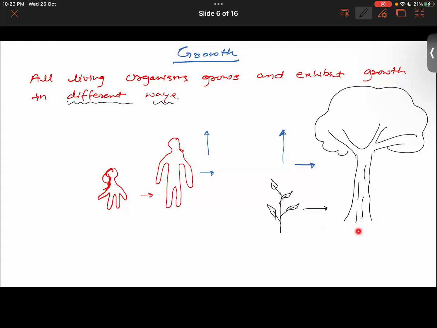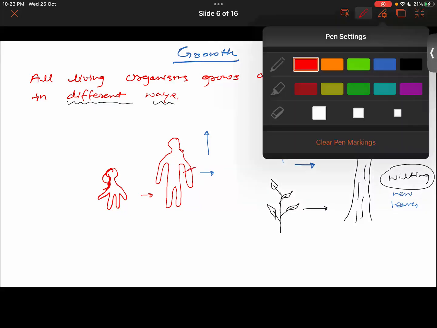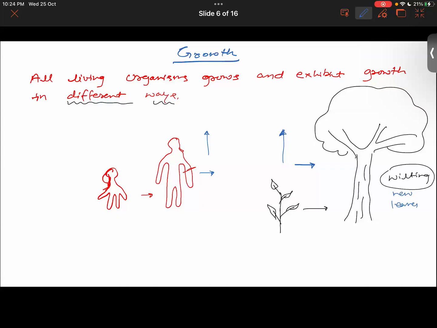While a tree, once it has grown to an adult size, its branches can still grow. It will still start to expand, right? When the wilting of leaves occurs, new leaves come out. While if the hand of this person was amputated in an accident, will a new hand come out?